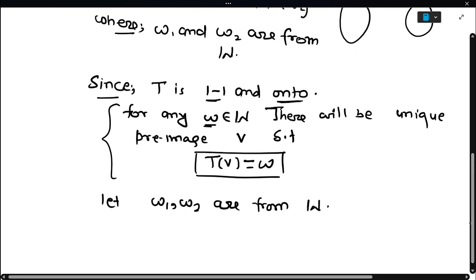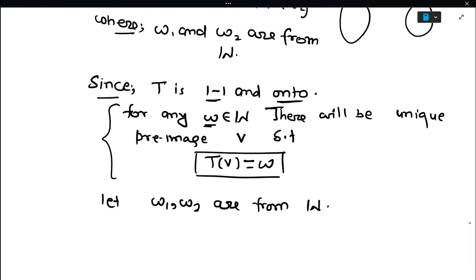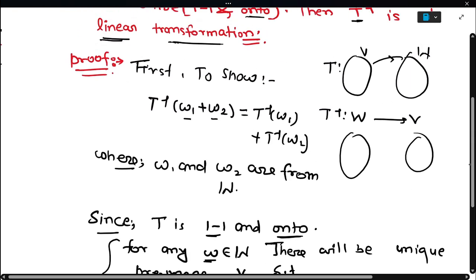So we have to show that T inverse of W1 plus W2 equal to T inverse of W1 plus T inverse of W2.